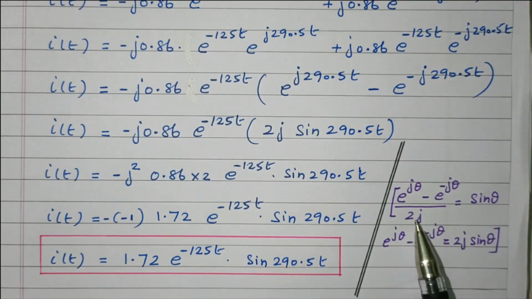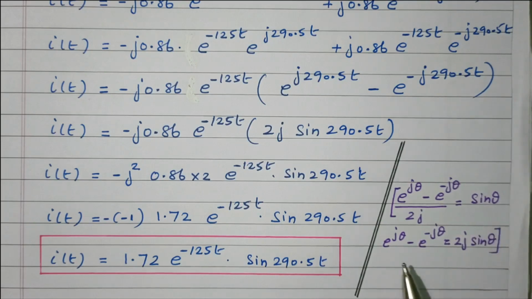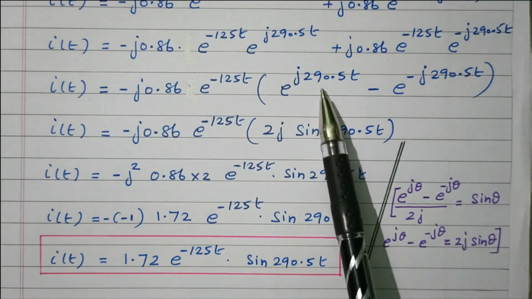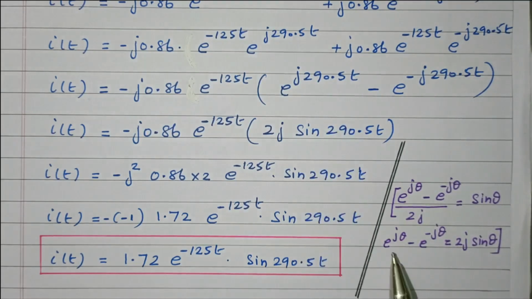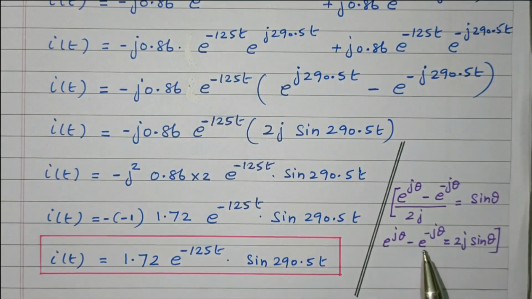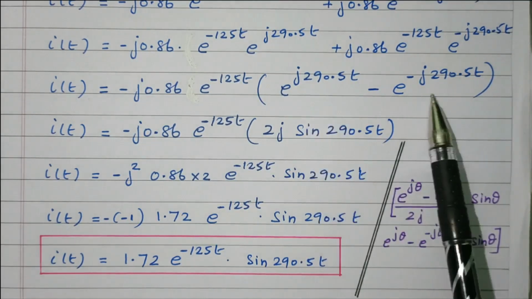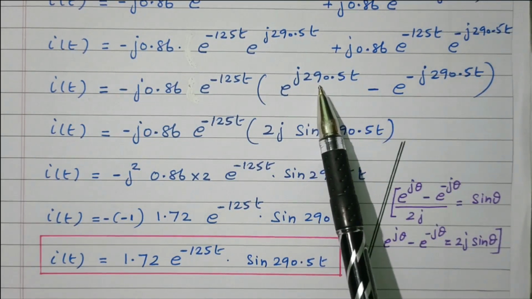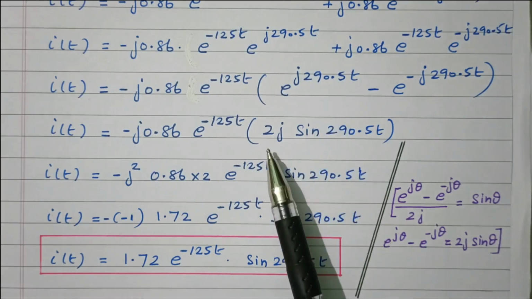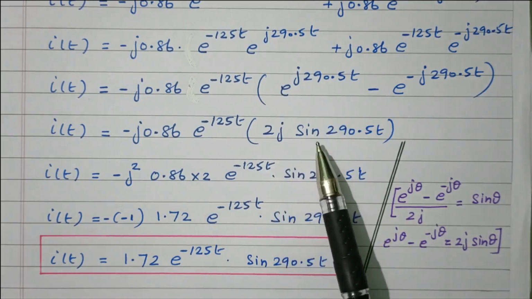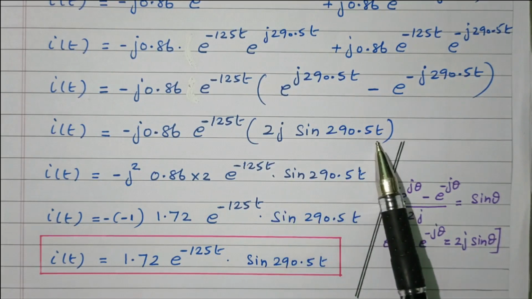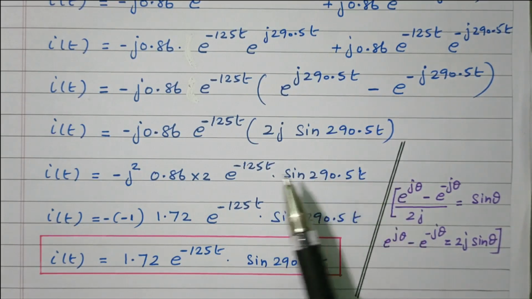Multiplying by 2j on that side, e power j theta minus e power minus j theta can be written as 2j sine theta. Here theta is nothing but 290.5t. So these two terms can be written as 2j into sine theta, where theta is 290.5t.